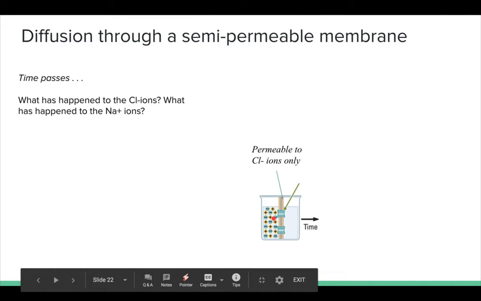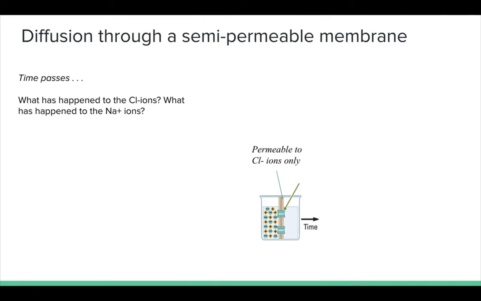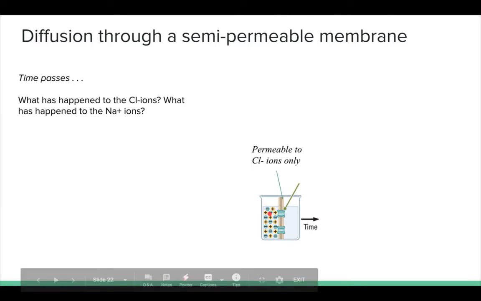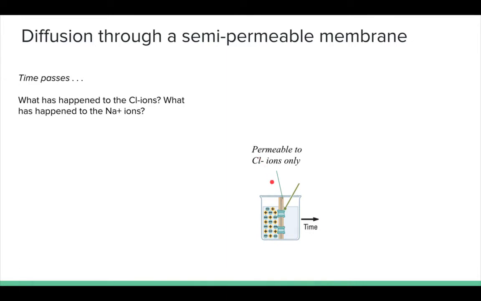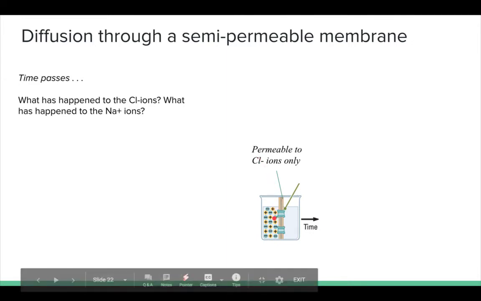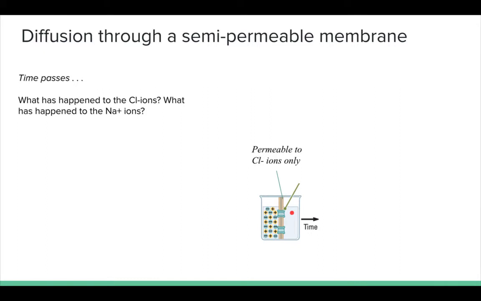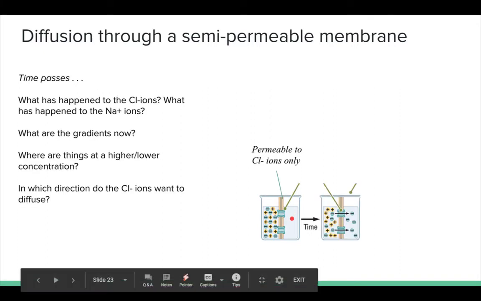Where are the sodium ions? Well, remember that the sodium ions can't go anywhere. This membrane is only permeable to chloride. So we imagine that we're going to have some chloride ions that are going to diffuse down their chemical gradient from this half of the container to the other half of the container.